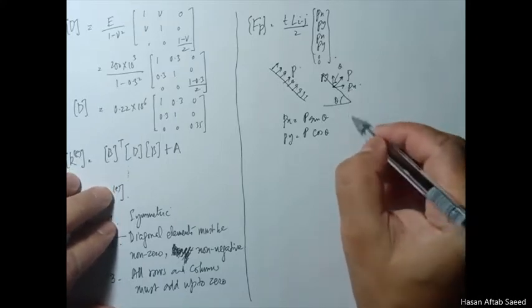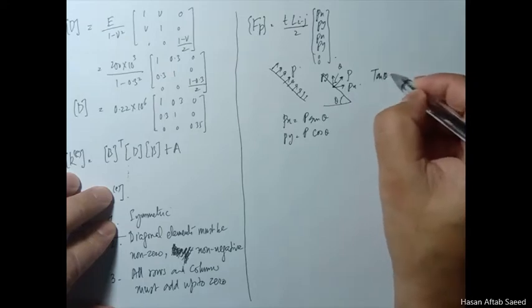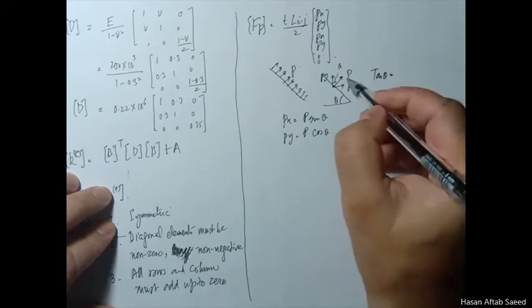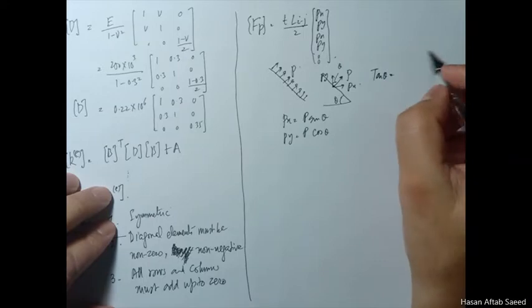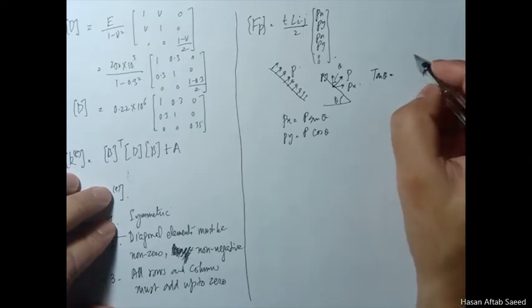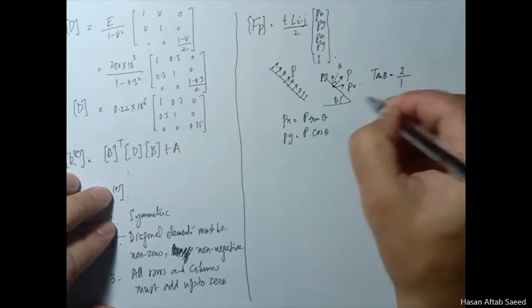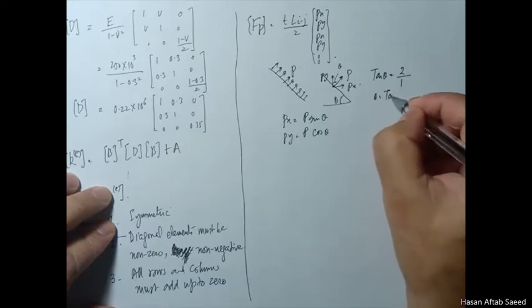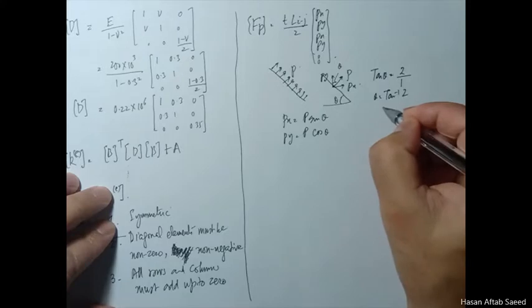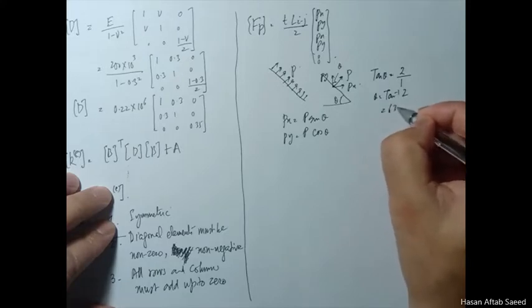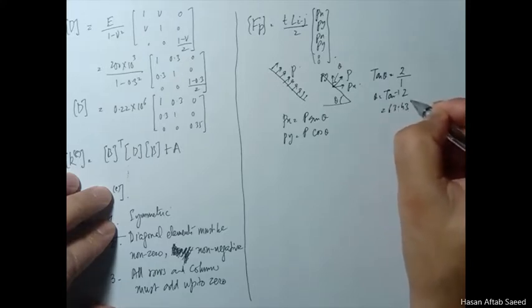If we consider the tan, it comes out to be 2 over 1 for this, and theta is equal to tan inverse 2, which is 63.43 degrees.